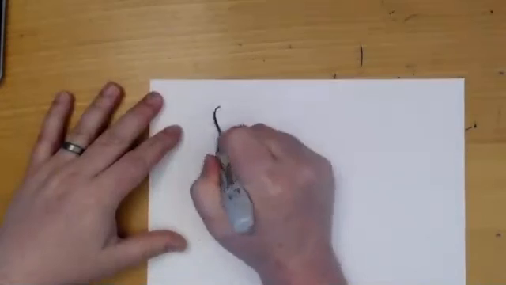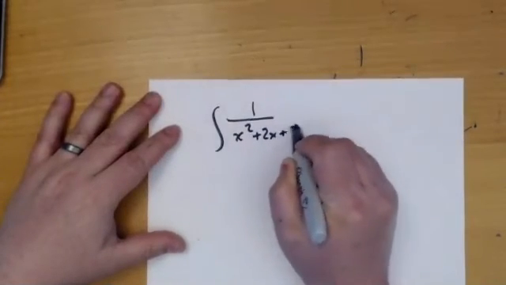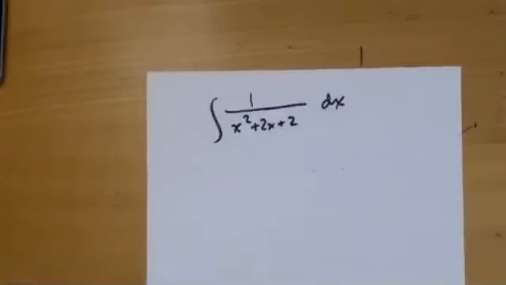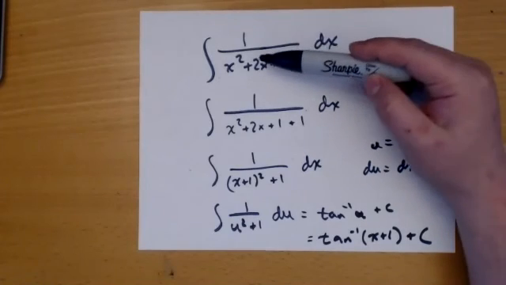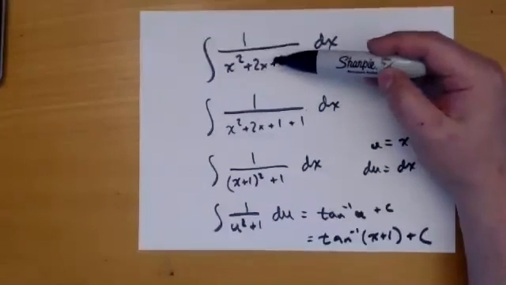Okay, let's try one a little different maybe. Okay, this one's not bad. You want to try that one on your own? Okay, so here when I completed the square, because I looked at that and I said, well, x squared plus 2x plus 1 would be a perfect square.